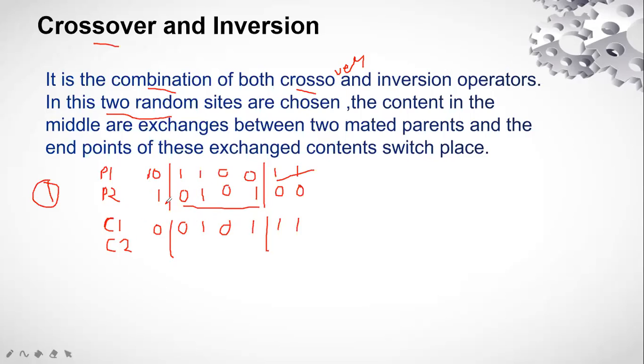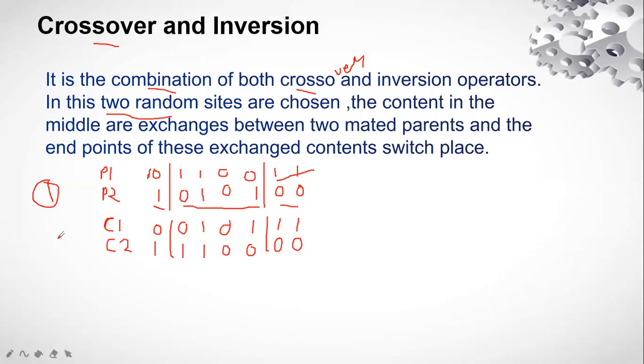That is why we are doing the crossover. Now here we are going to keep the same. P2, child 2 will remain 1, the same, and here 0, 0, it is again the same. The only thing is, we are going to take these particular bits from parent 1. Now parent 1 has 1, 1, 0, 0. So I'm going to take 1, 1 and 0, 0.